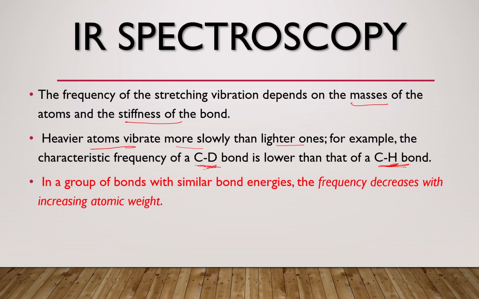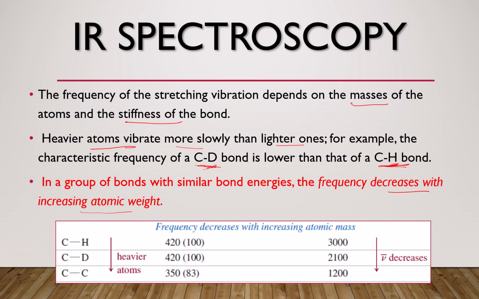In a group of bonds with similar bond energies, the frequency decreases with increasing atomic weight. For example, consider the bonds carbon hydrogen, carbon deuterium and carbon carbon. As we move from hydrogen to deuterium to carbon, the atoms become heavier, and carbon is heavier than deuterium and hydrogen.